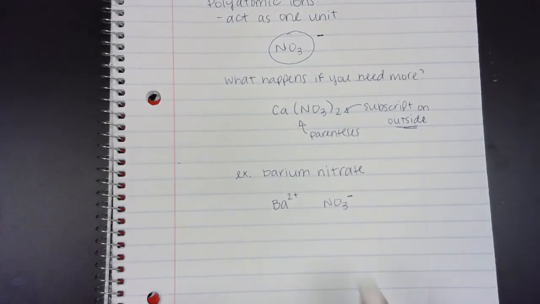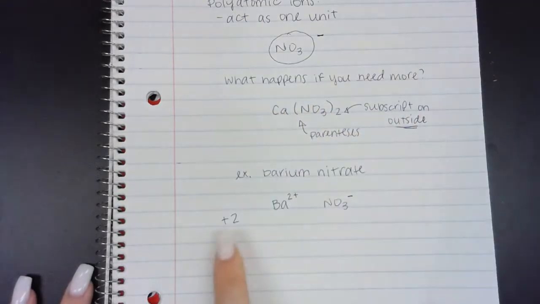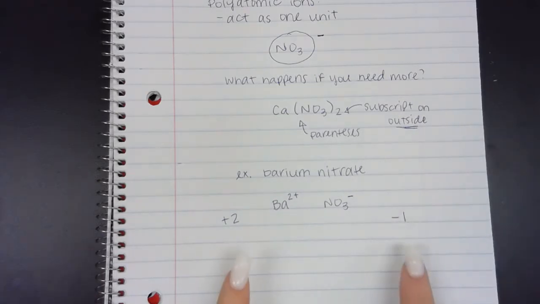So, what's my next step? I will need to put the parentheses on it because I'm trying to balance the charges. My positive side has a +2. My negative side has just a -1. So I need to add more negative stuff, right?